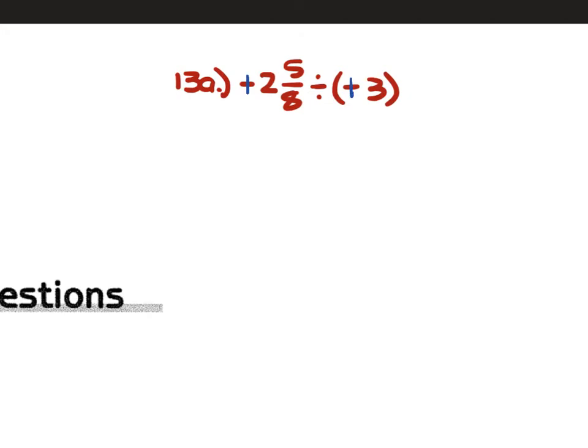But 2 times 8 is 16, plus 5 is 21 over 8. I'm going to divide this by 3 over 1. I'm going to keep, change, flip, so 21 over 8 times 1 over 3. The 21 becomes a 7, the 3 becomes a 1. So we just have 7/8.